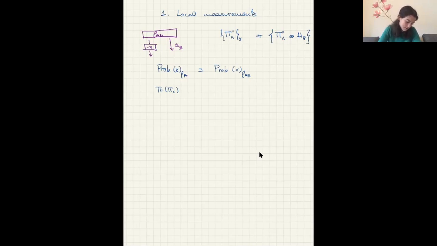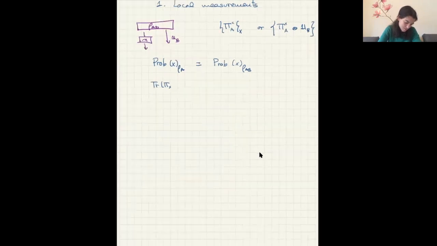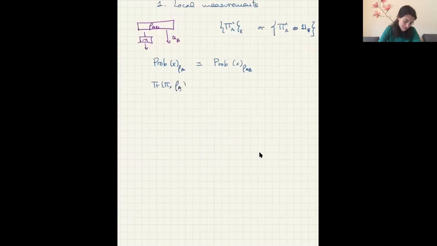And then what I want is that this is the same as a trace of pi X on A times the identity on B, times rho AB, right? This is what we saw before.